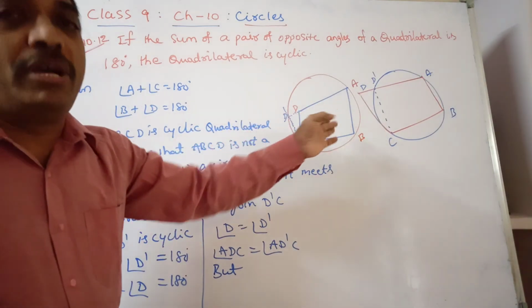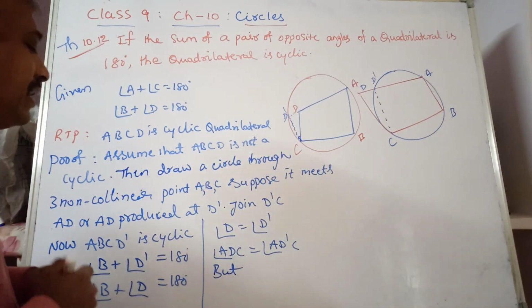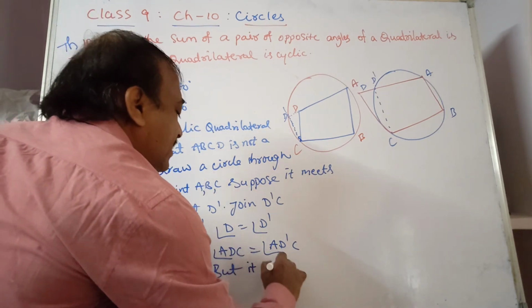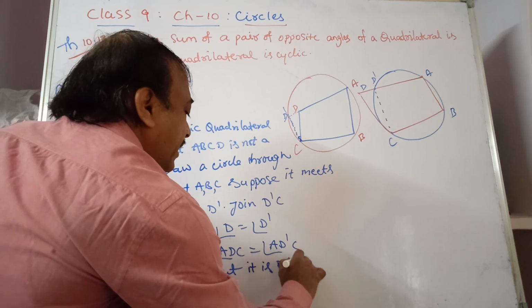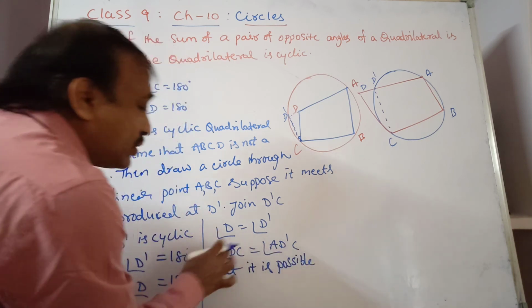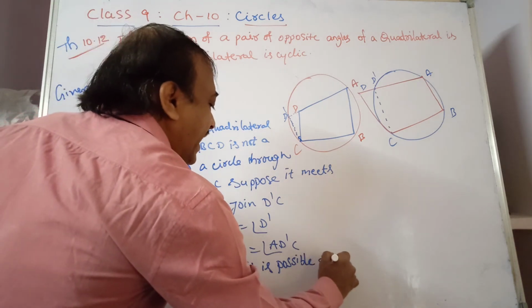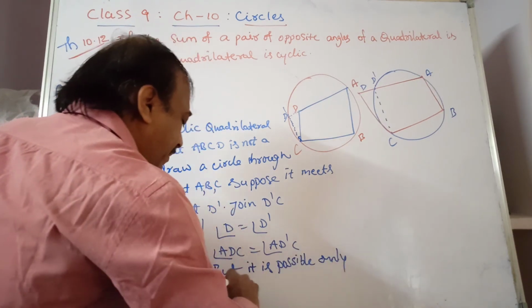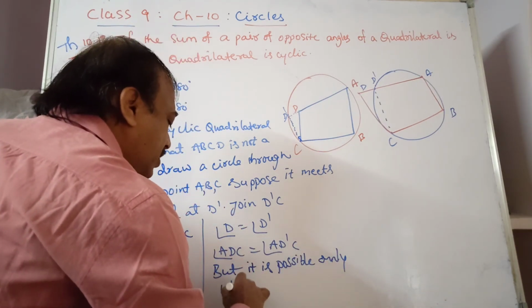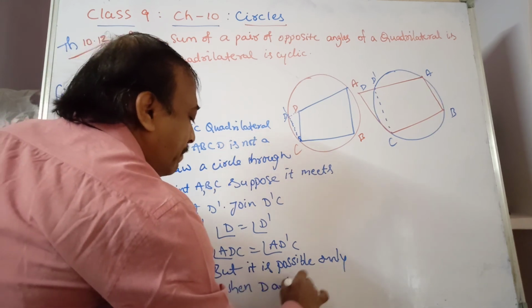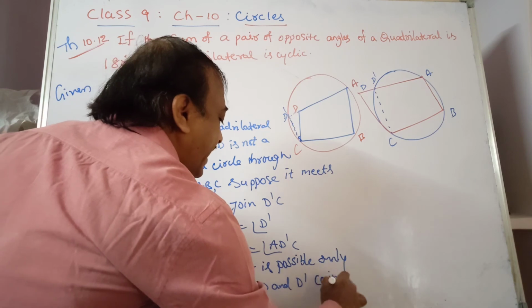It is impossible for them to be equal. It is possible only when D and D prime coincide.